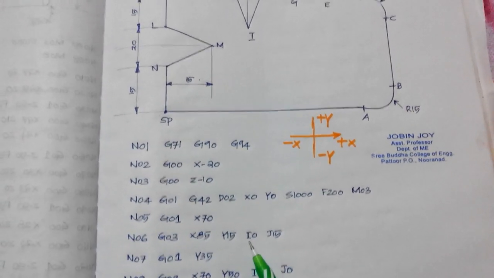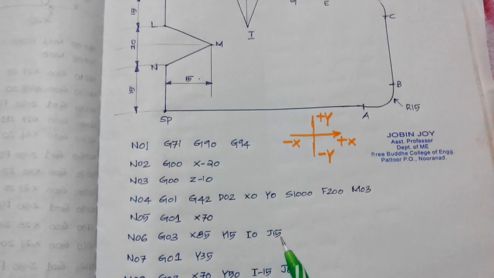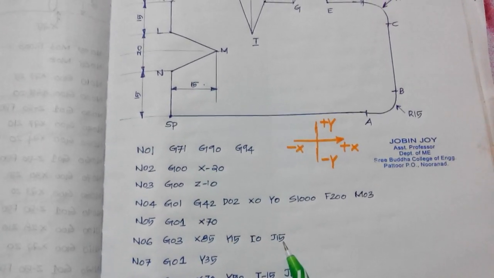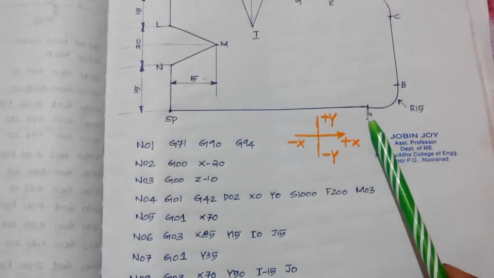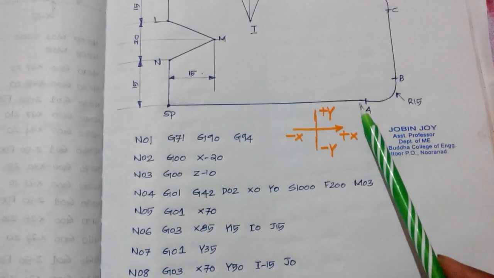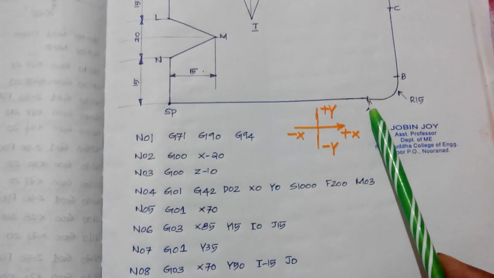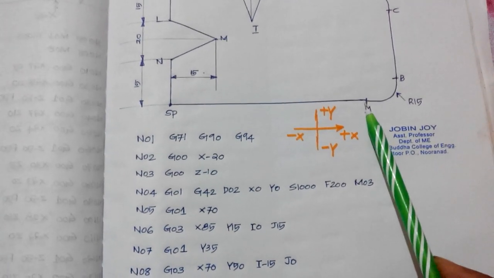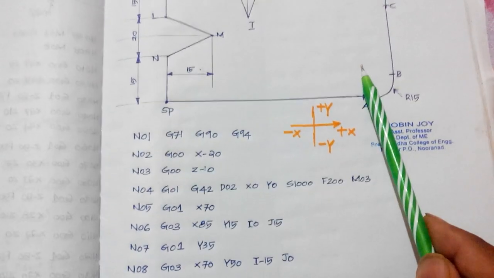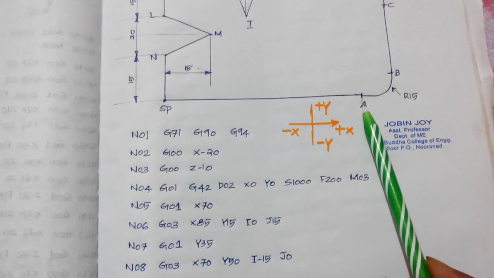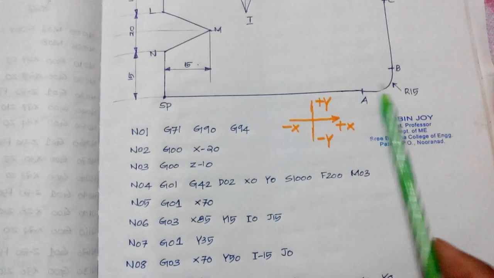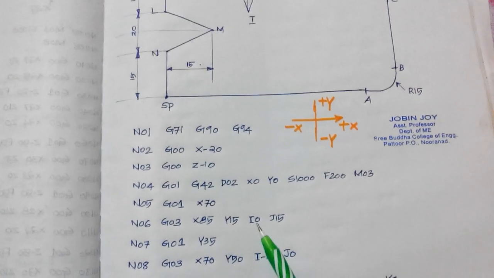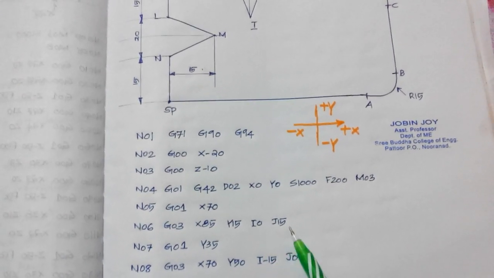And I is called X parameter and J is called Y parameter. See, I means distance from start point and center point of the tool along X axis. This is the current position of the tool and this is the center point of the arc. So the distance between start point and center point along X, there is no movement, so that's why I value is 0.